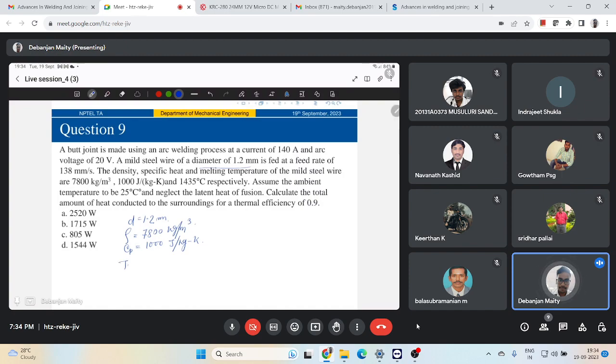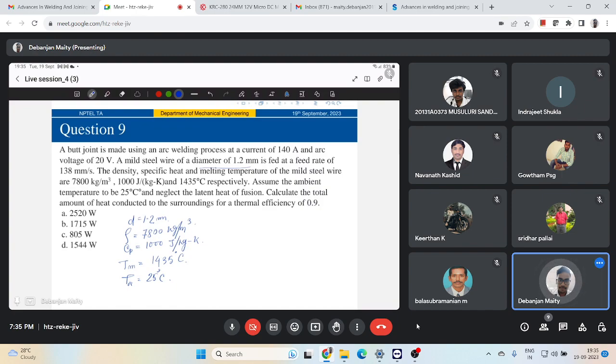And my Tm is 1435 degrees C. And ambient temperature is provided over here, 25 degrees C, right?